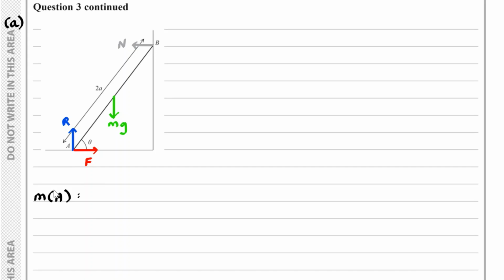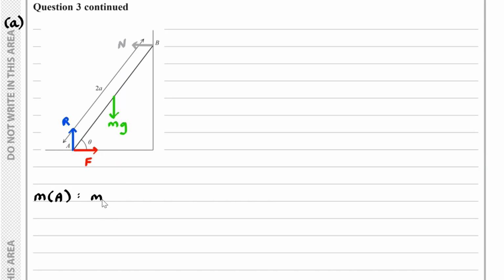If we take moments about A, we've got mg, the force, multiplied by the perpendicular length, which is a cos theta.